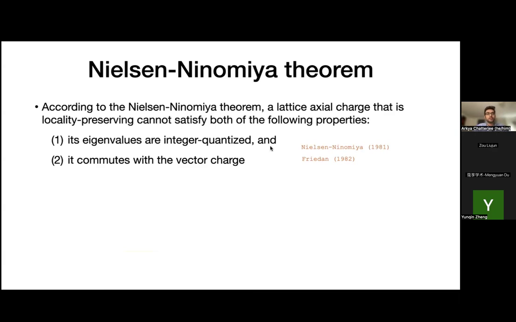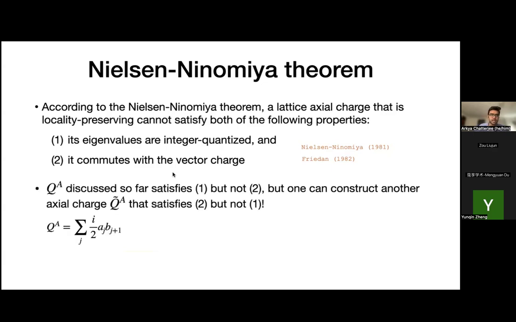One of the implications of this theorem is that any lattice axial charge that preserves locality, like our QA does, cannot satisfy both of these two properties listed here. The first property is that its eigenvalues are integer quantized, and the second one is that it commutes with the vector charge. And the QA that we've discussed so far satisfies one but not two.